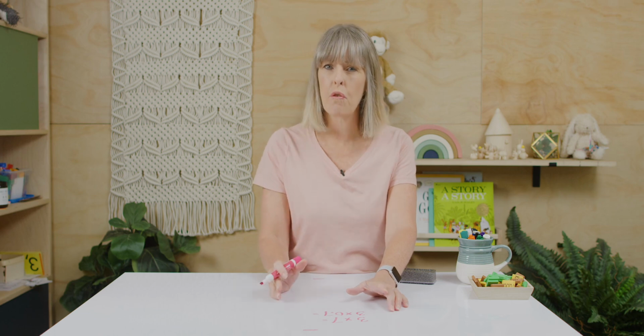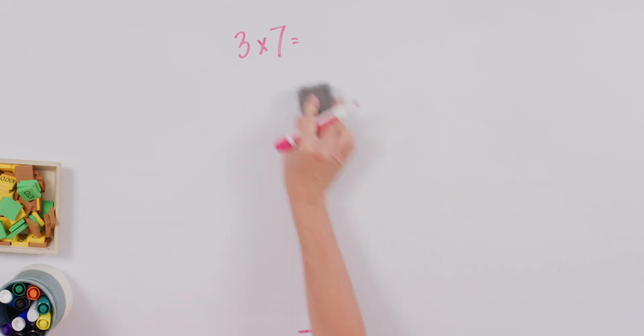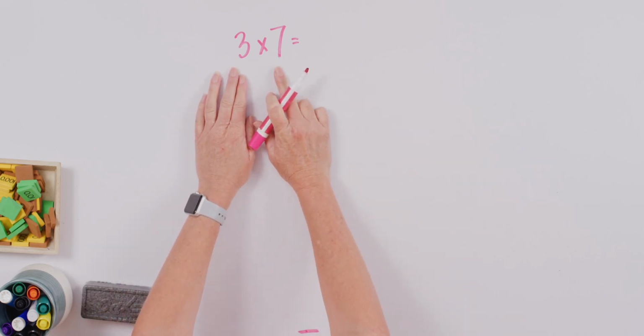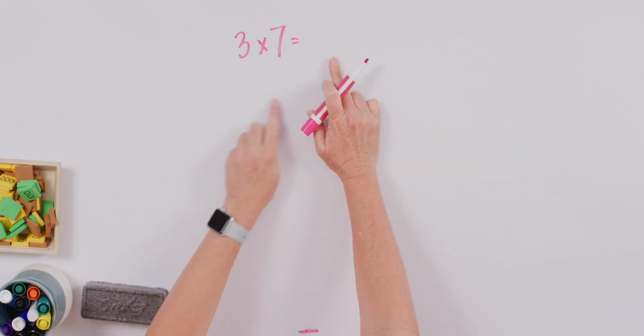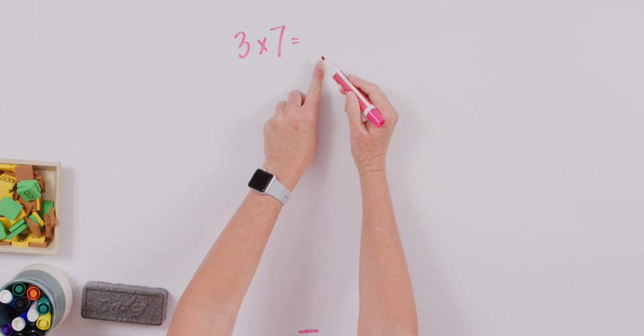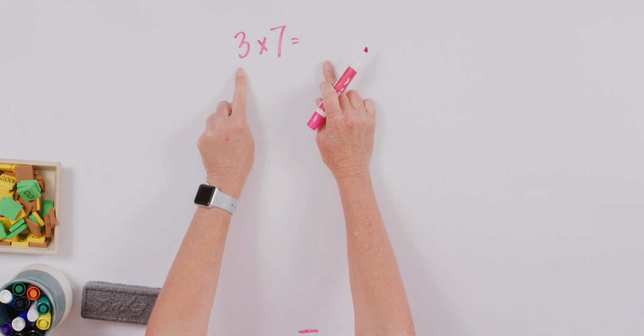Let's start here. So without doing any calculations, my question for you is, will the product, let's start with actually this one right here, will the product of 3 and 7 be greater than 3 or less than 3? So would the product, which is the answer, be greater than or less than 3?